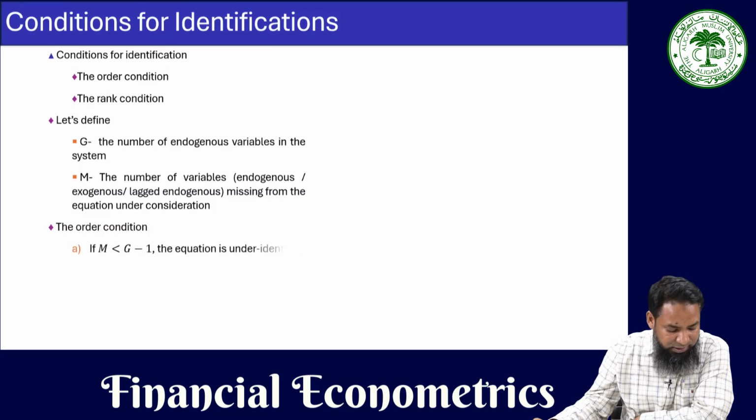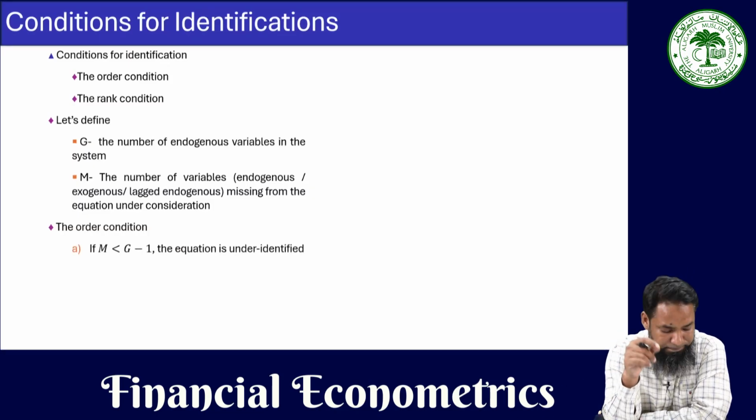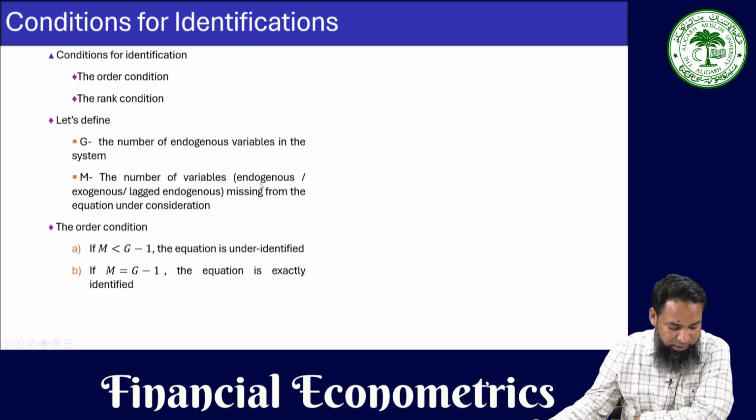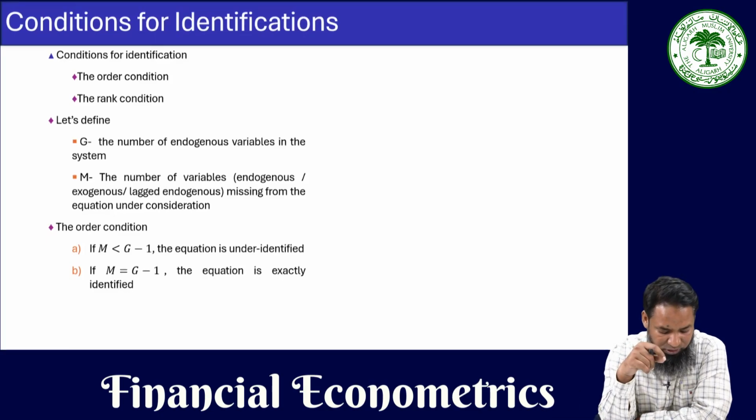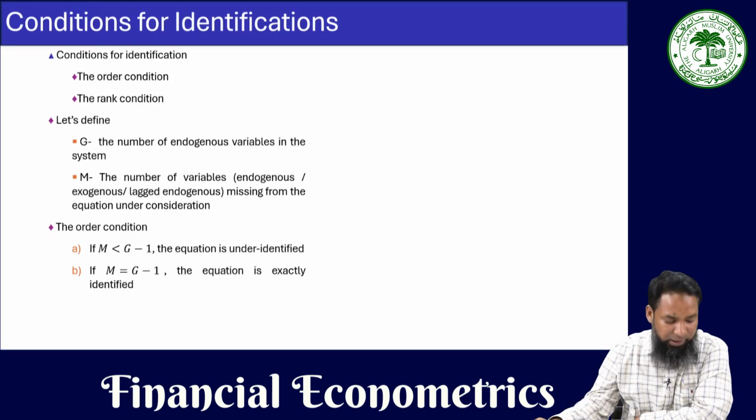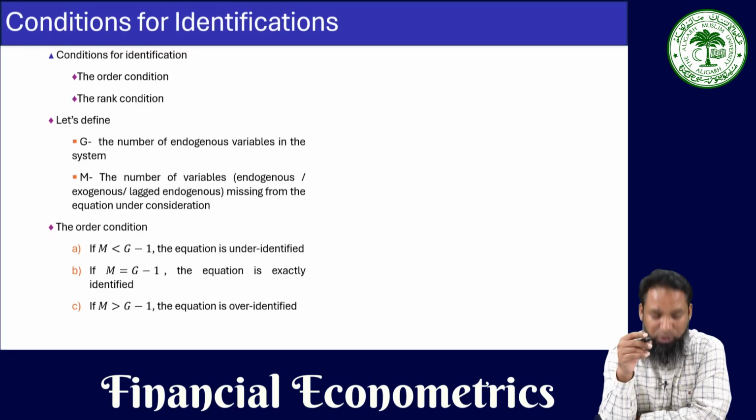Then the order condition says that if M is less than G minus 1, the equation is under identified. That is, if M, the number of variables missing from the equation under consideration, is less than G minus 1, then the equation is under identified. If M is equal to G minus 1, the equation is exactly identified, and if M is more than G minus 1, the equation is over identified.